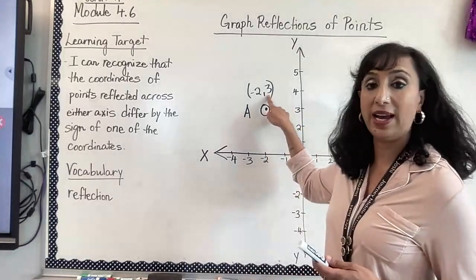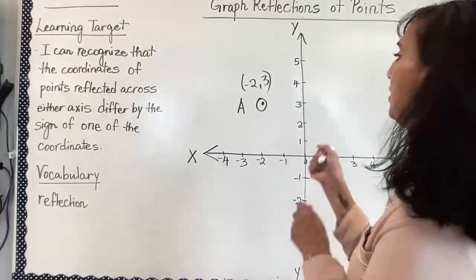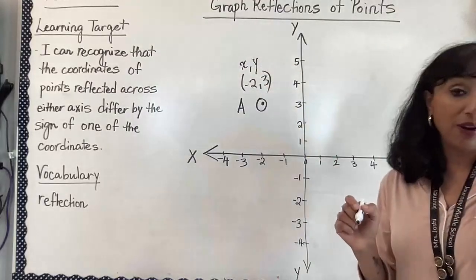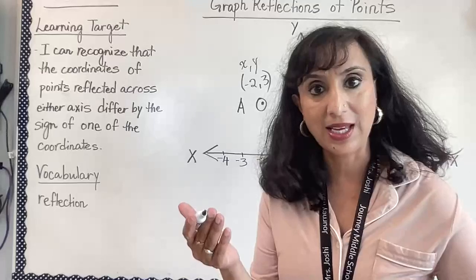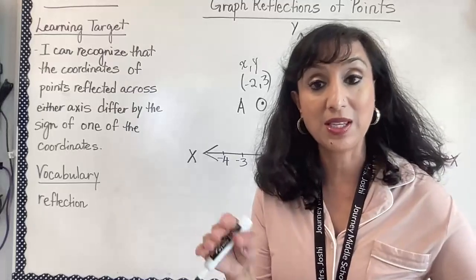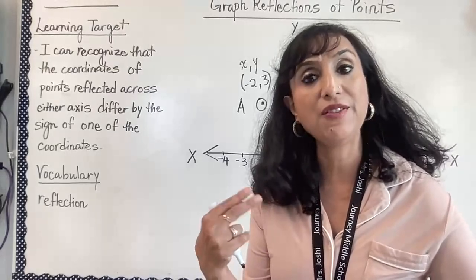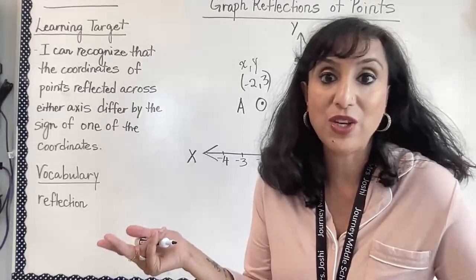This is y, right? And x is always the first and y is always the second. So if I am flipping across the y-axis, my y coordinate stays the same and my x becomes the opposite sign. So what is the opposite of -2? It's going to be 2, and y is going to stay the same, which is 3.